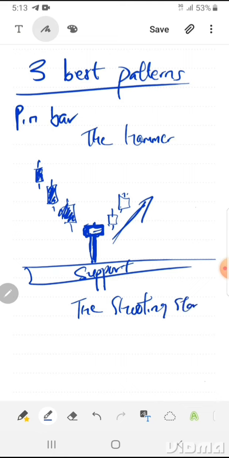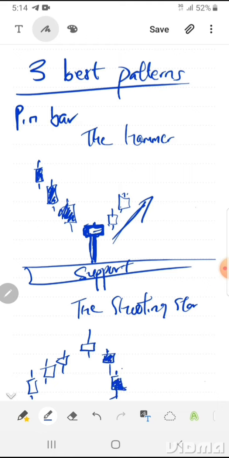Shooting star is the inverse of this. When you have a market like this, okay, don't mind my drawing, please. Can you see it? Now this is known as what? The shooting star.